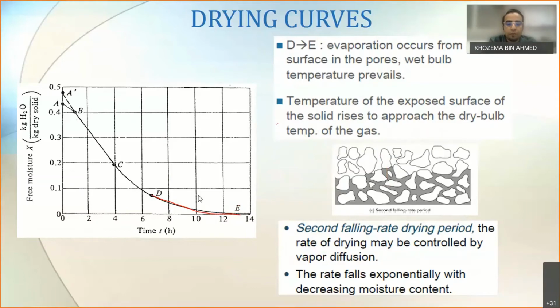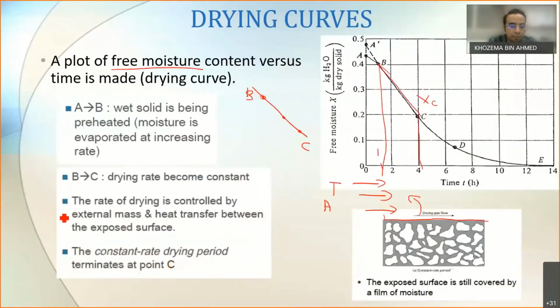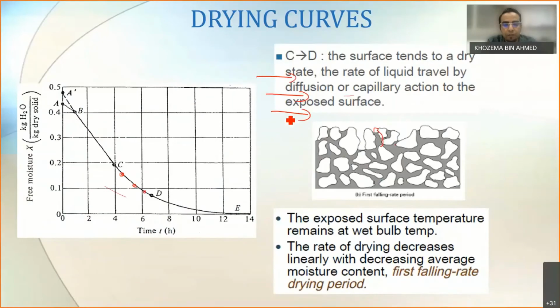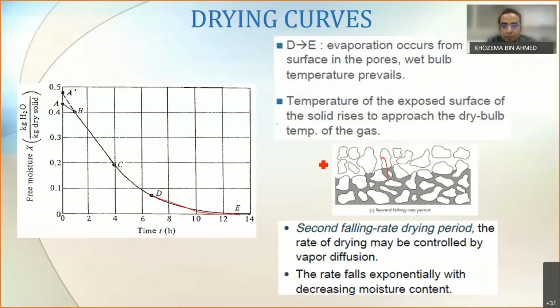So if you were asked, you can say that in your constant drying rate, the drying is controlled by external mass and heat transfer. When you have your first falling rate, it is controlled by the diffusion and capillary action. When you have your second falling rate, it is controlled by the vapor diffusion.